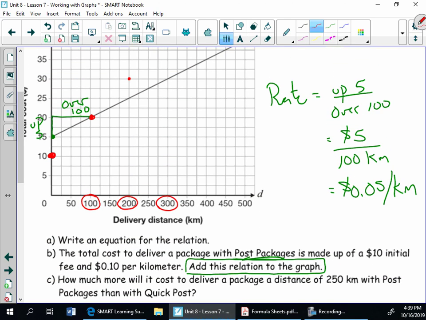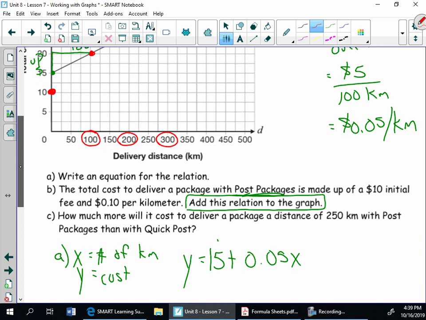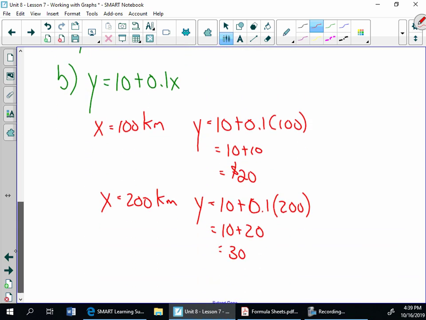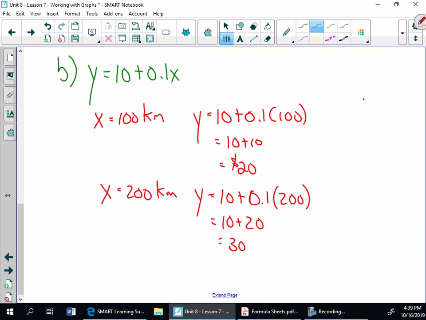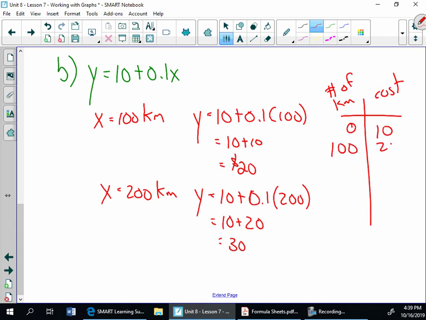200 is 30. In fact, if you stop and look at it and think of this as a table, because tables are really handy, okay? Number of kilometers, cost. We know 0, initial value was 10. 100 kilometers, we just figured out was 20 bucks. 200 kilometers is 30 bucks. Well, I bet I can guess that at 300 kilometers there's a pattern here.